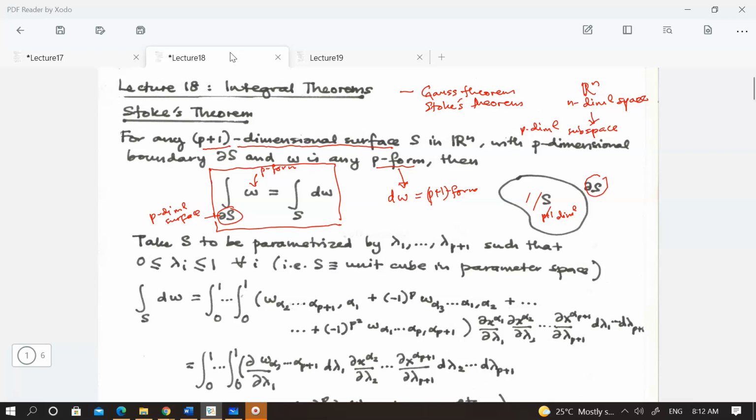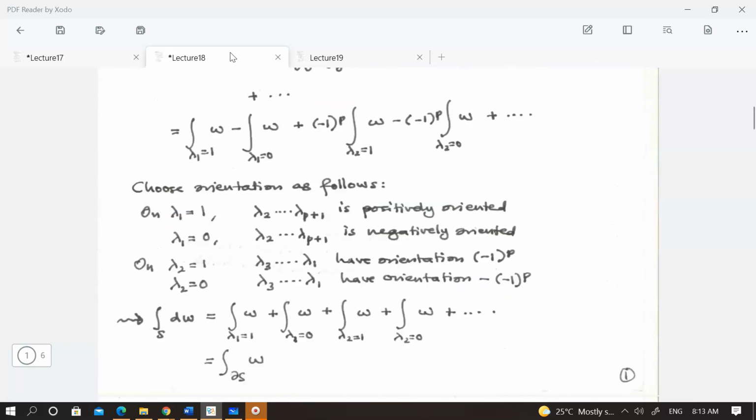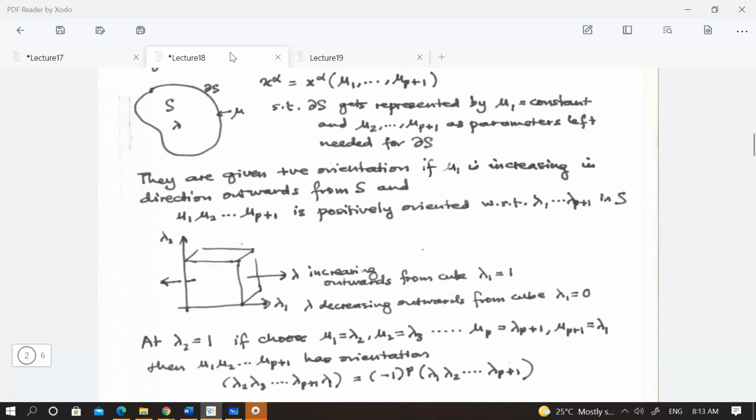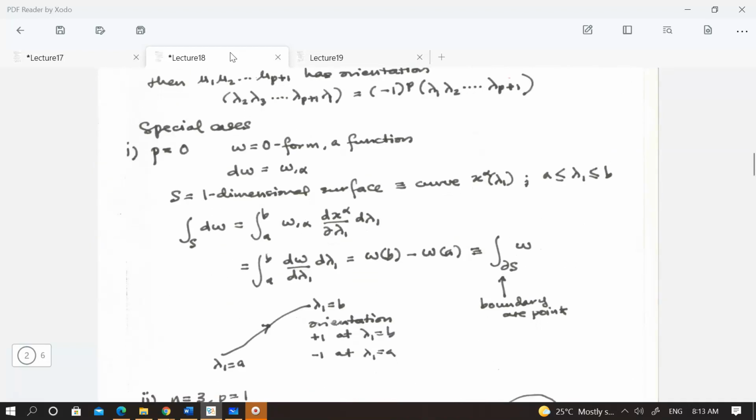That's essentially the generalized Stokes theorem. So let's see how this is realized. I'm going to skip all this; you can read it for yourself if you're interested. I'm just going to go to the examples.